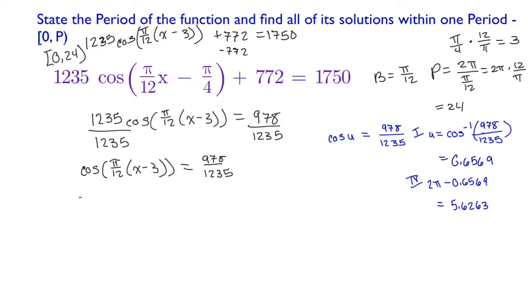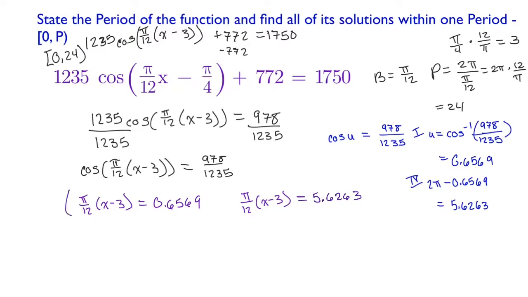So we're going to say pi/12 times (x minus 3), and that's our u value, and we're going to set it equal to 0.6569. Then we also have pi/12 times (x minus 3), still our u value, which is equal to the other angle, 5.6263.